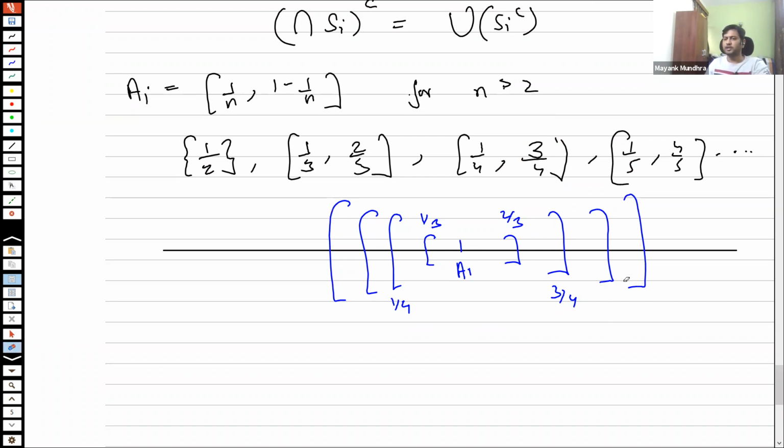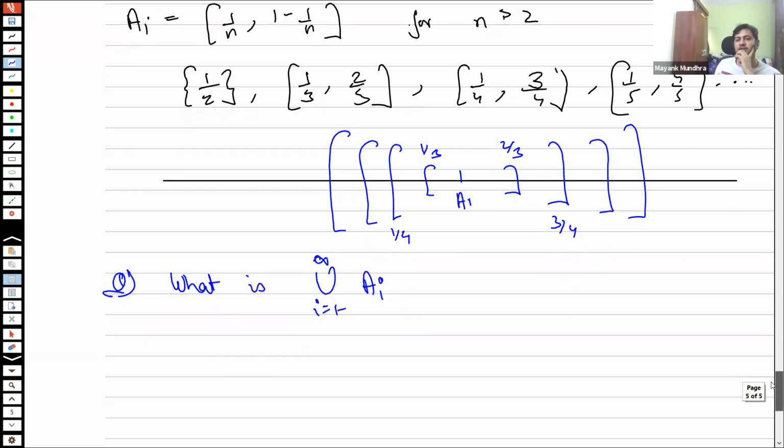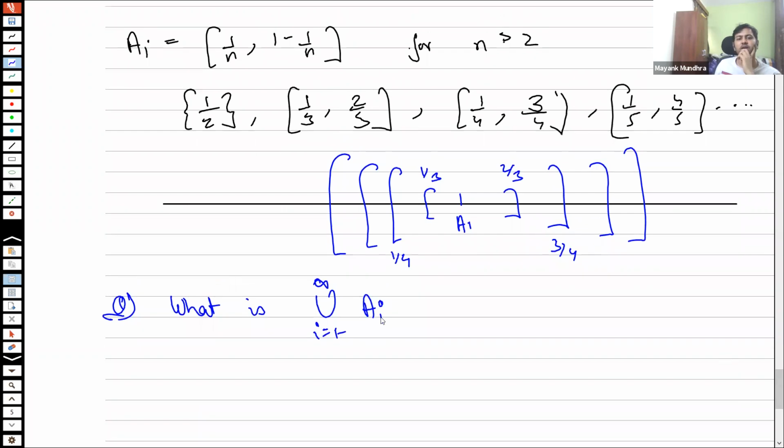So finite union being finite is okay, but let's look at the infinite union. What is the infinite union of these A_n sets? Can anybody tell me what's going to be the infinite union of these sets?